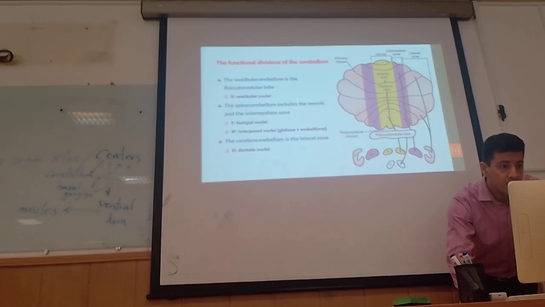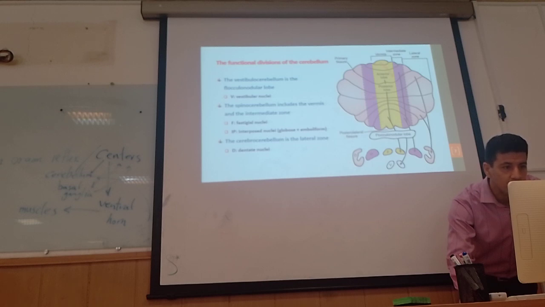The spinal cerebellum is the vermis and the intermediate zone. The nuclei associated with this area include the fastigial nucleus, which is connected to the vermis, and the interposed nuclei, globose and emboliform. We call them collectively the interposed nuclei. They are connected with the intermediate zone.